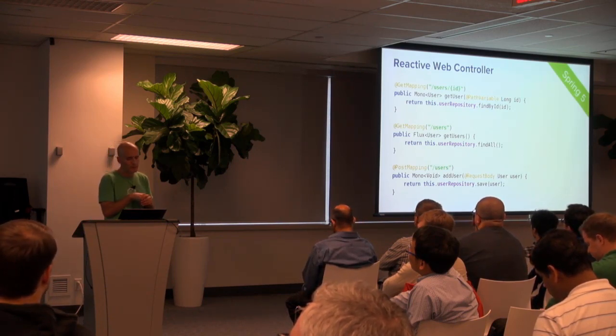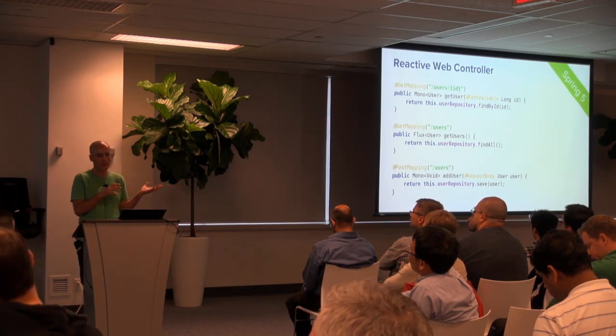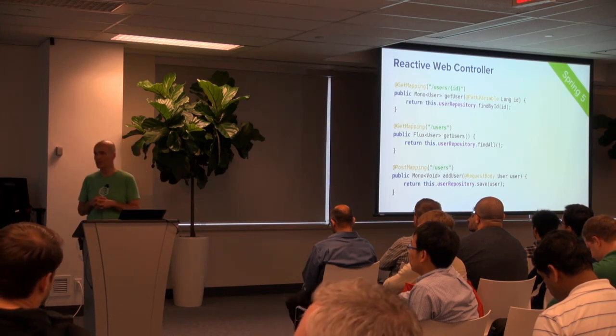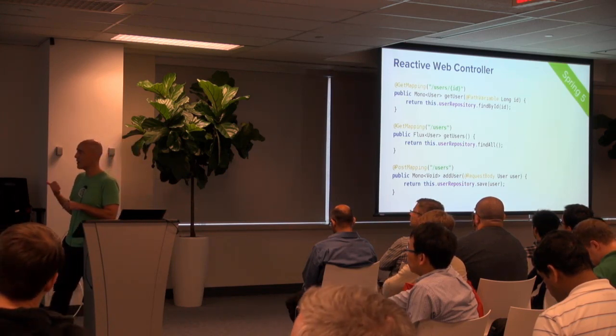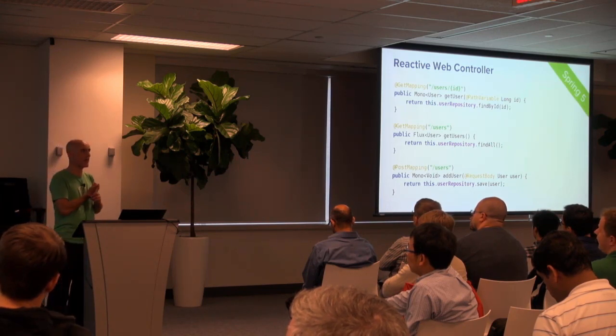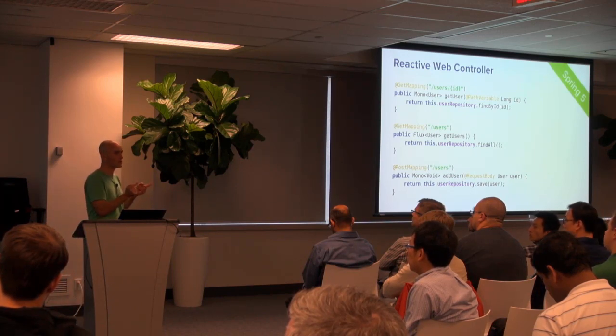Now, you may wonder, what's the difference with Spring MVC? It looks the same and you have flexible method signatures, but if you think about what it means to return a flux, in Spring MVC with the servlet API, in order to write the flux, you have to start calling the servlet output stream, and that's a blocking call.